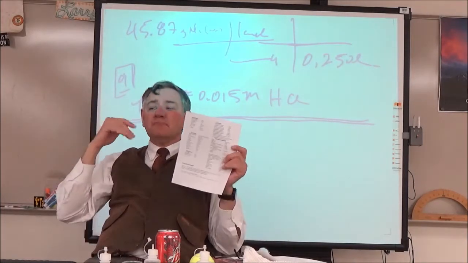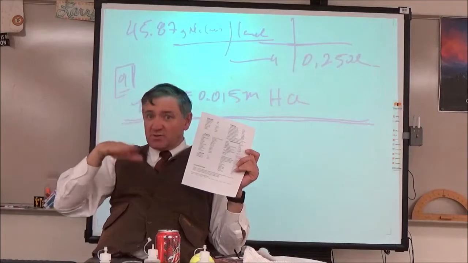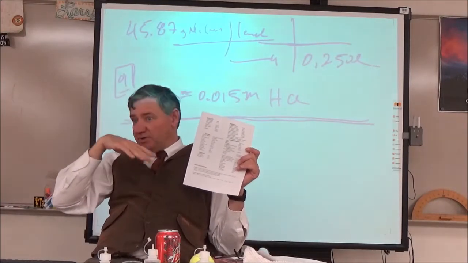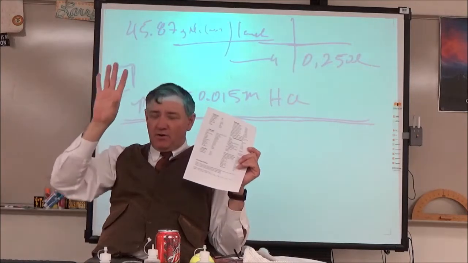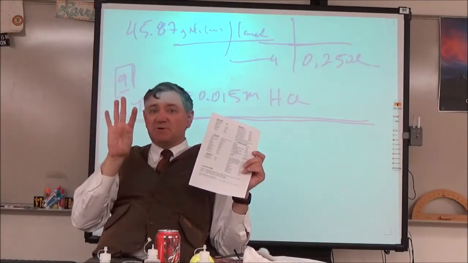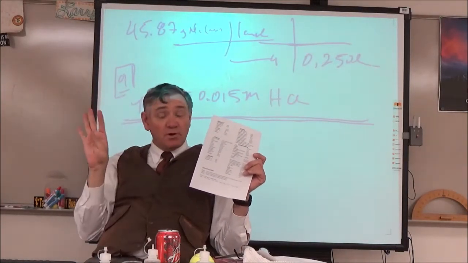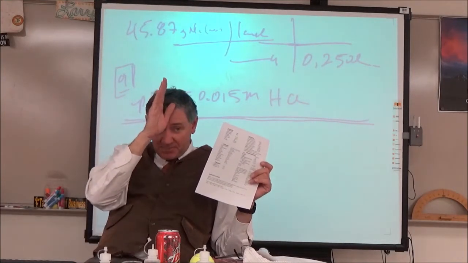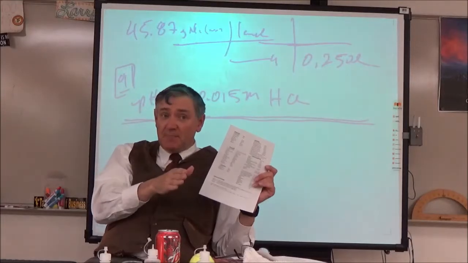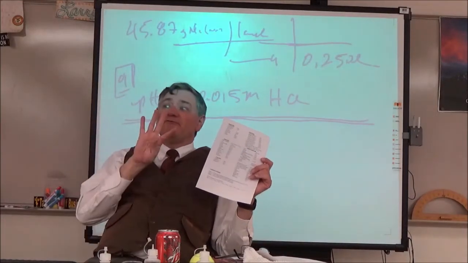Okay? So the first quiz is probably going to be early next week, we'll see how some things play out. On the first quiz, I'm going to expect you to know any four of the strong acids, where you write down the name and the formula of 4 of them.